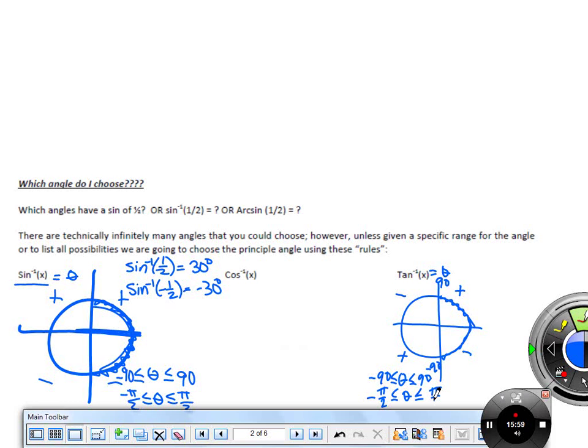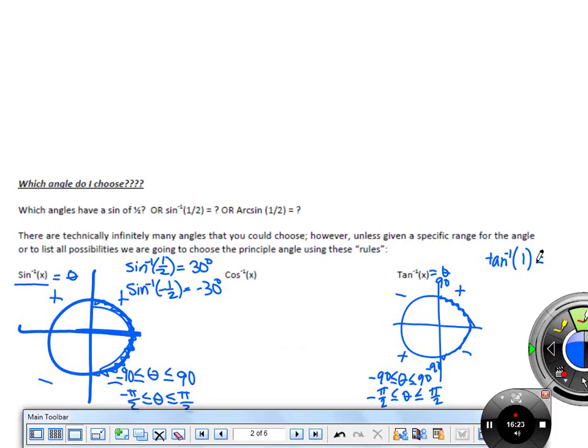Okay, so let's say I ask, what's the inverse tangent of 1? Now, this one's a little bit harder because tangent was made by dividing the y divided by the x. So what kind of angles, when you take the y and divide it by x, do you get 1 as an answer? When you're using the rad 2 over 2, rad 2 over 2.